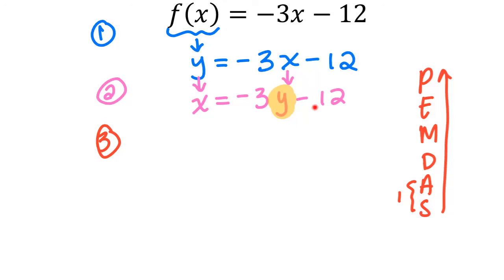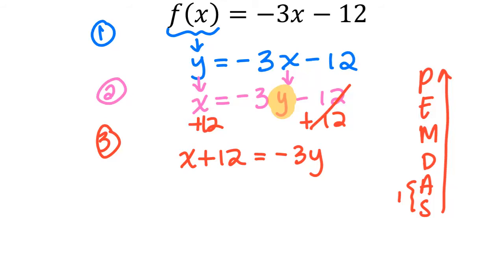No, well, I have this minus 12. That's a subtraction, right? So how do we get rid of subtraction? We add 12 to both sides. So the 12 goes away. And then I'm left with x plus 12 equals, bring down the negative 3y.